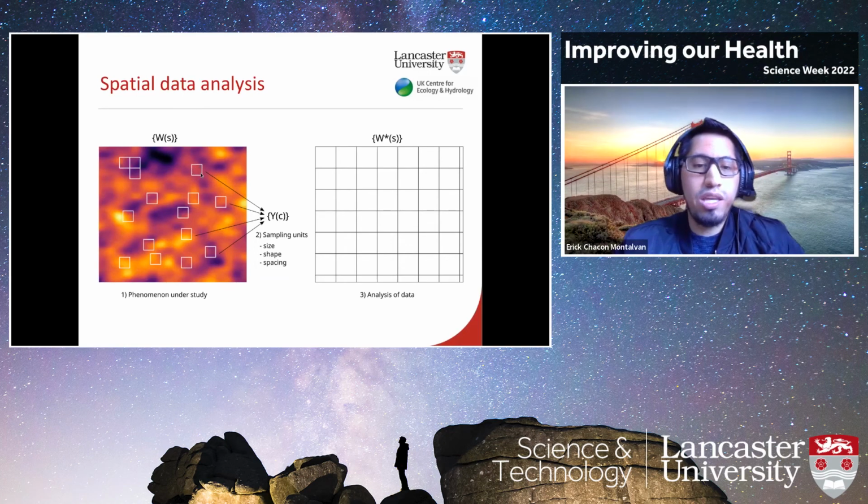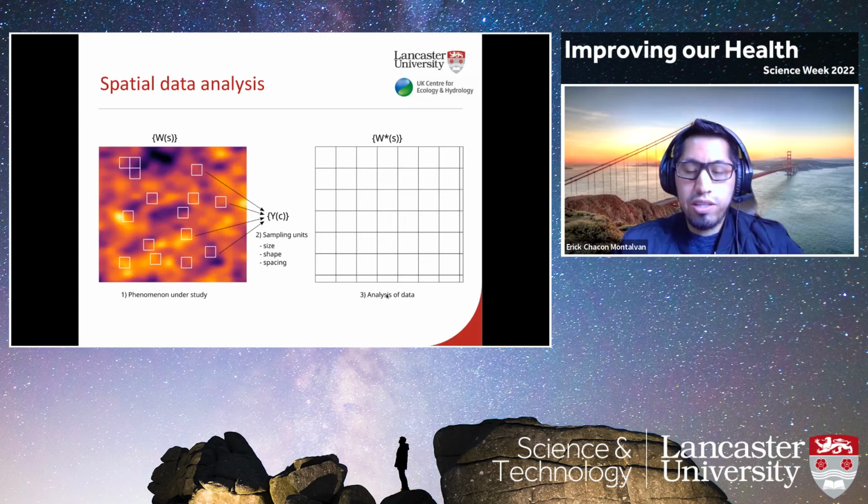For example, it can be the mean or the average level or the total, sorry. And also notice that these sample units have some properties like the size, the shape, and spacing. Okay, so in this second case, the support of the observed data are these white boxes.